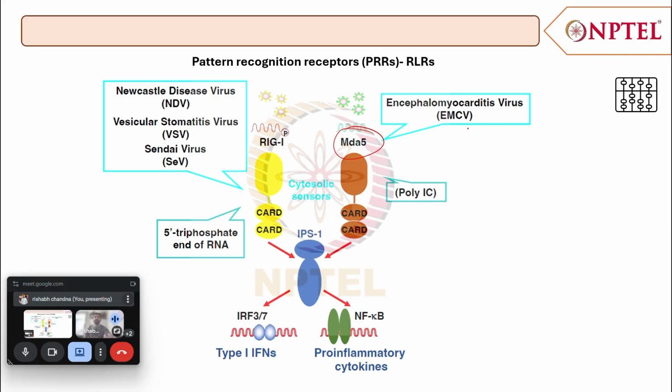MDA5 recognizes EMCV and poly-IC. RIG1 recognizes Newcastle disease virus, vesicular stomatitis virus, and Sendai virus. These are typical viruses recognized by RIG1. And the CARD region of RIG1 recognizes the 5 prime triphosphate end of the RNA.